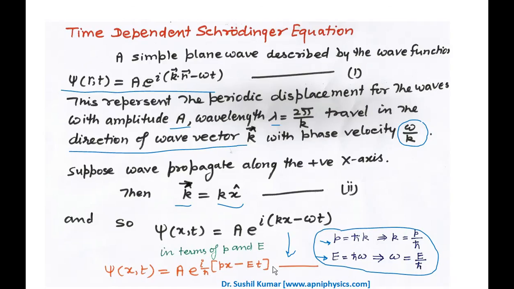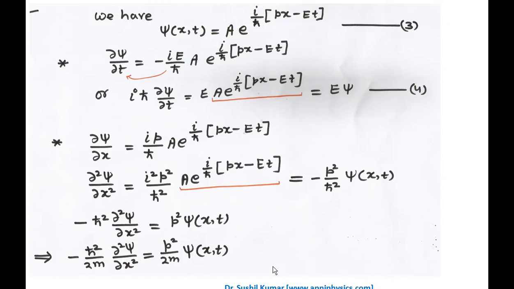So this is the wave function for the time dependent Schrodinger equation, which is obtained using the idea of momentum and energy of a particle, right? So now first of all, psi is defined this way: psi(x,t) is equal to A e to the power iota upon h cross (px minus Et). Now differentiate it with respect to time, so the result will be minus iota E upon h cross.